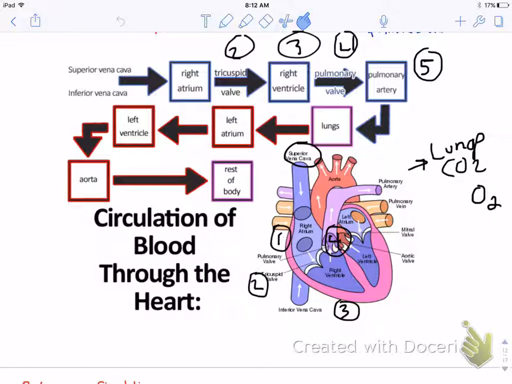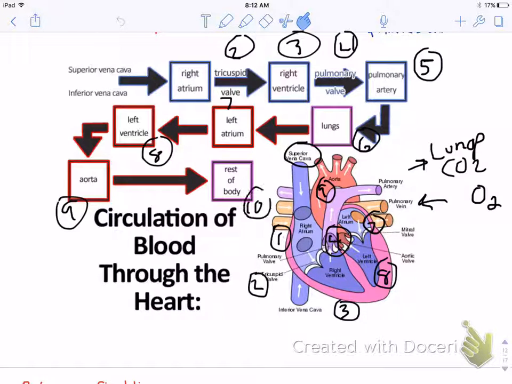Then this blood is going to enter the pulmonary vein and go into the left atrium. Here's the left atrium. And then from the left atrium, you're going to enter the left ventricle. Then the blood is going to get pumped out through the aorta and the aorta is going to send blood to the rest of your body.